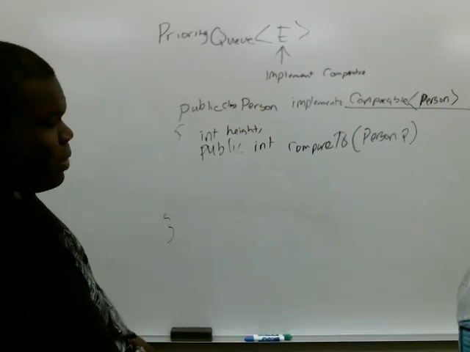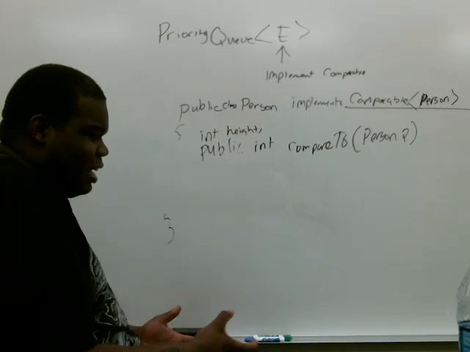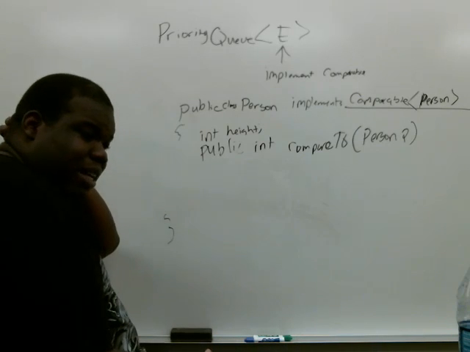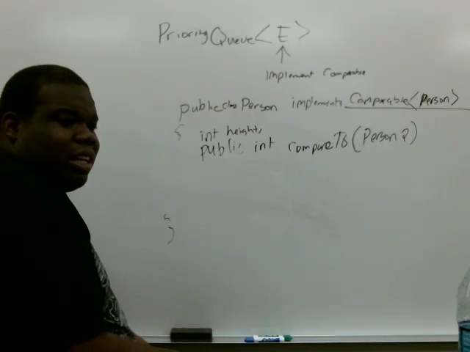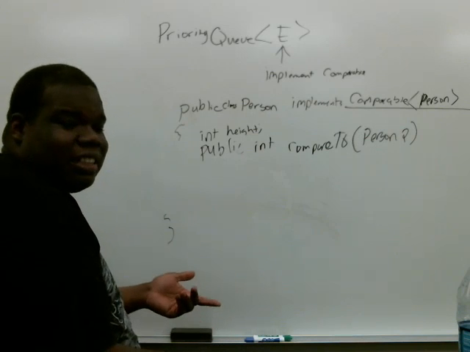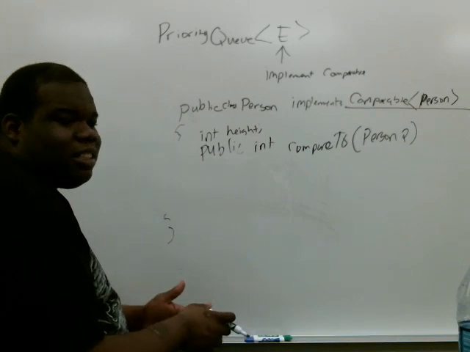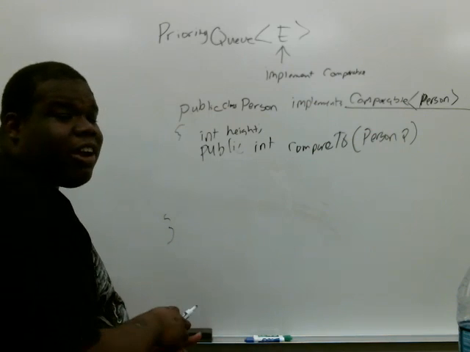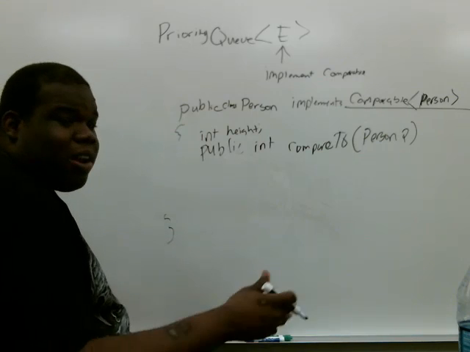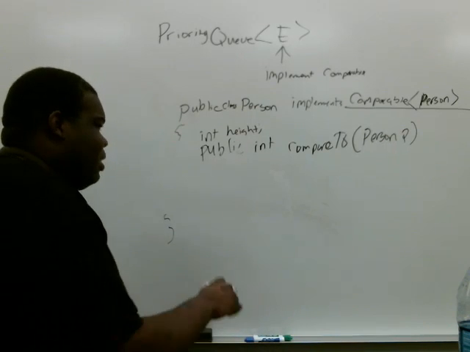What the compareTo function will do is test if this element is less than, equal to, or greater than the other element. To let it know it's less, we just return a negative number. To know that they're equal, we return 0. And if it's greater, we return a positive number.